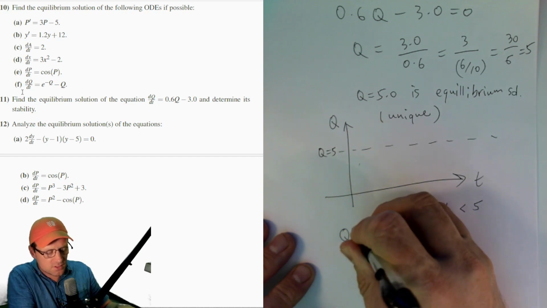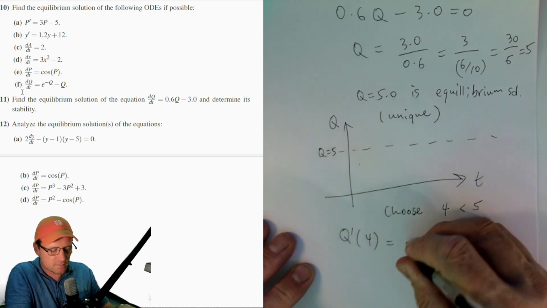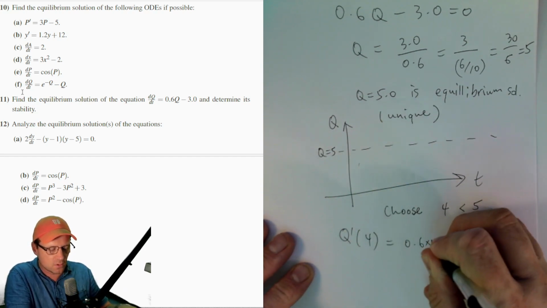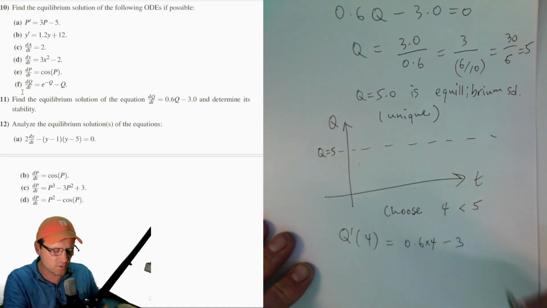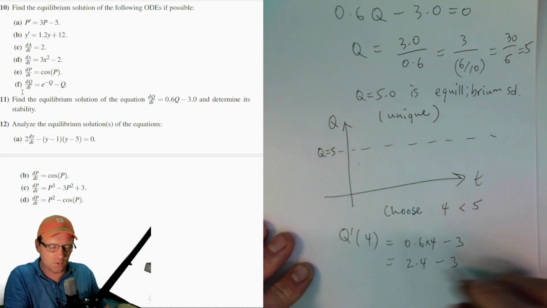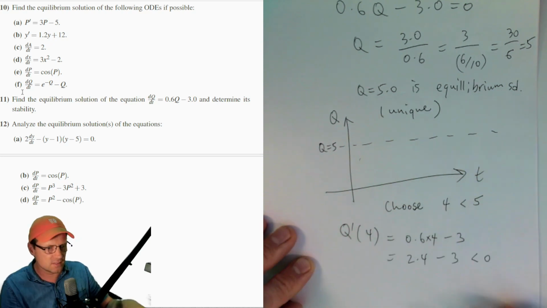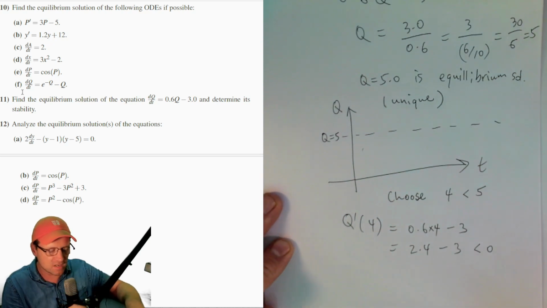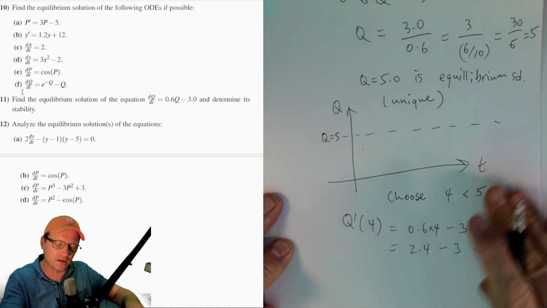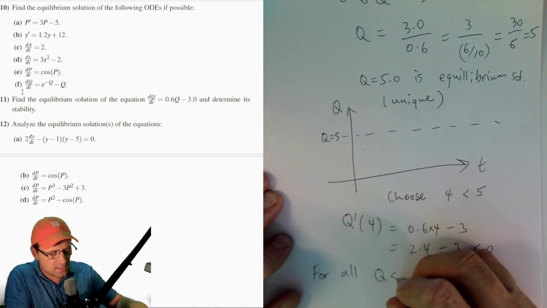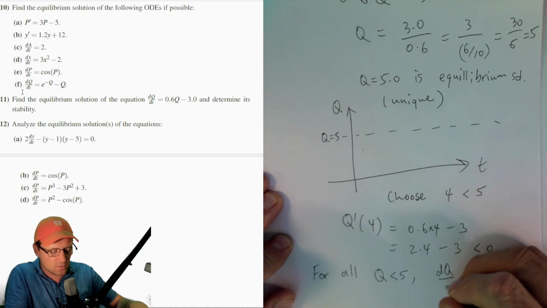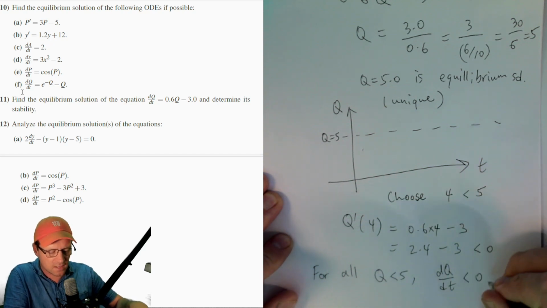So q dash of 4 is 0.6 times 4 minus 3. Okay, 6 times 4 is 24, so this is 2.4 minus 3, and so we can see that is negative. So then I'll just make a statement, because it'll work for other numbers too that are less than 5. So I'll say for all q less than 5, dq on dt is negative.